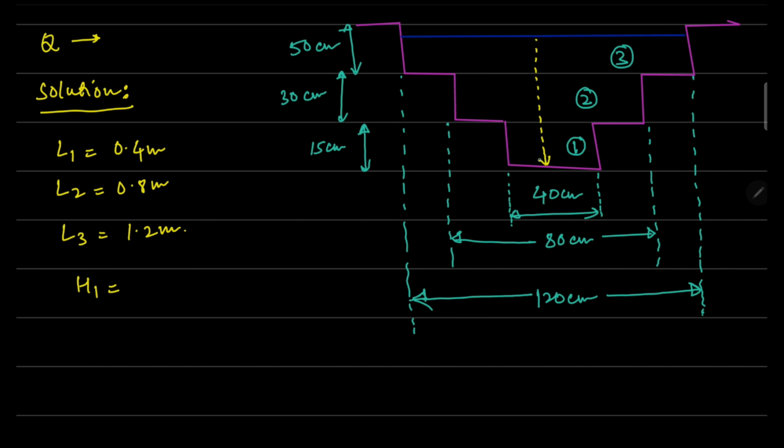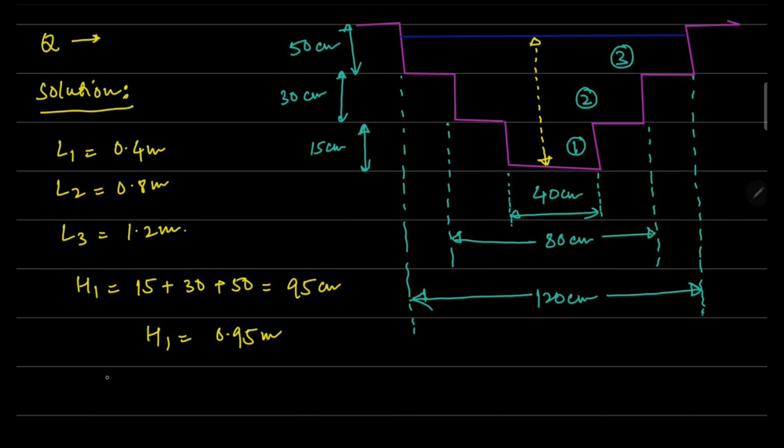The height between these two locations is called H1, which will be the summation of 15 centimeter plus 30 centimeter plus 50 centimeter. So that is 0.95 meter. H1 is equal to 0.95 meter.